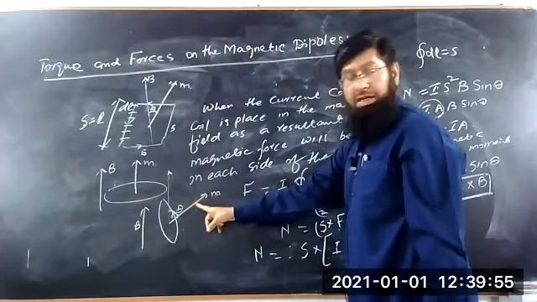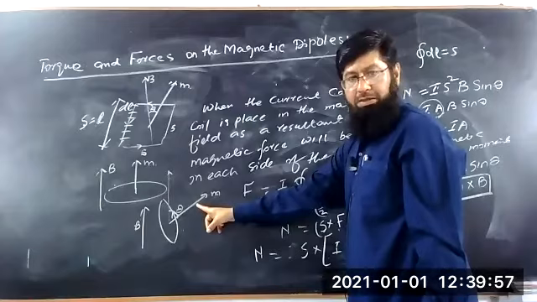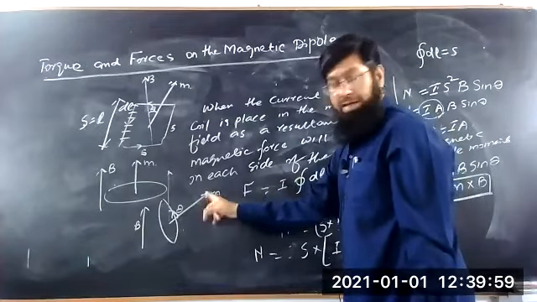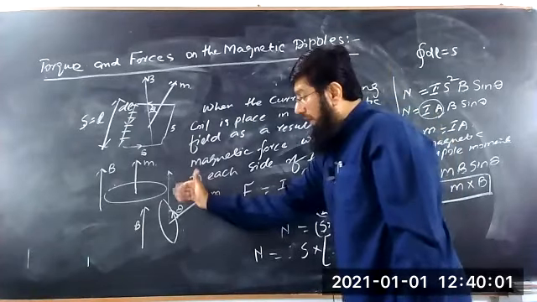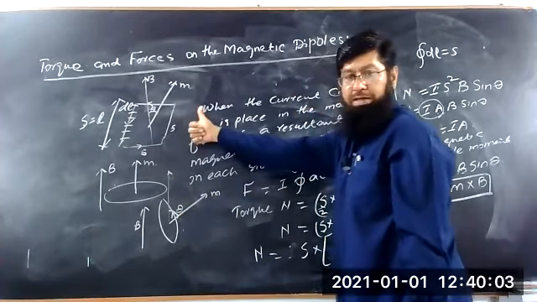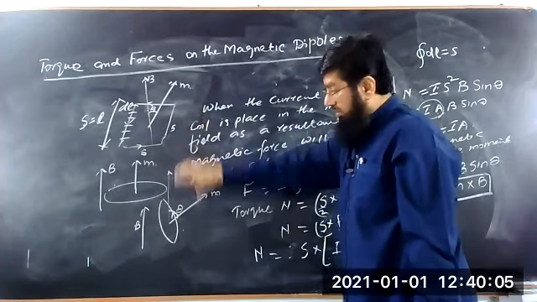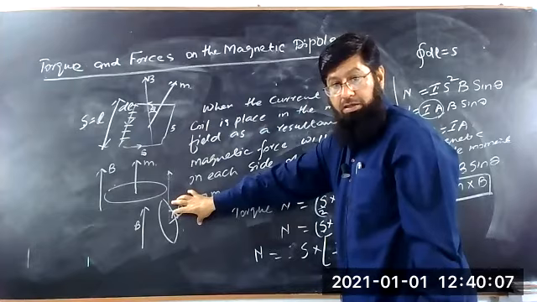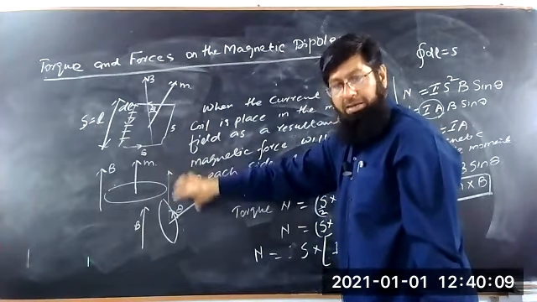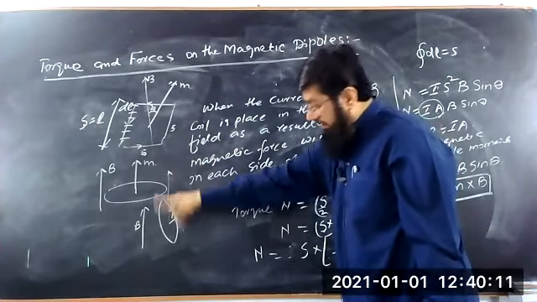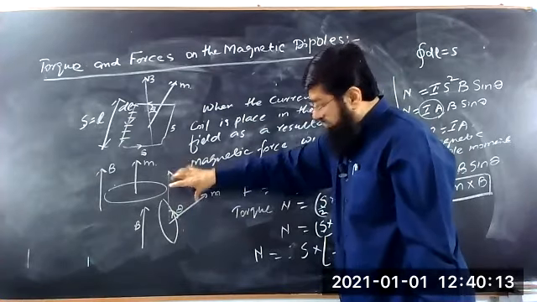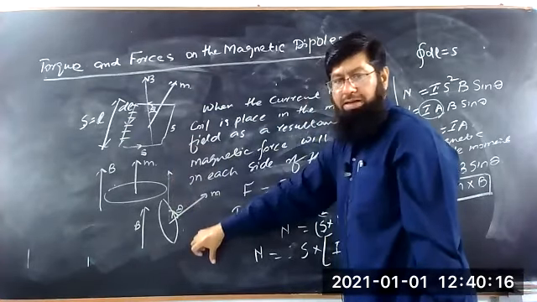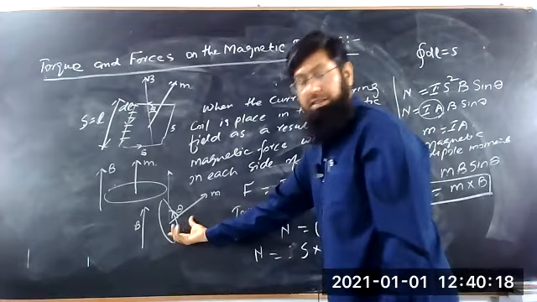If the material is diamagnetic, the dipole moment will rotate opposite to the magnetic field.